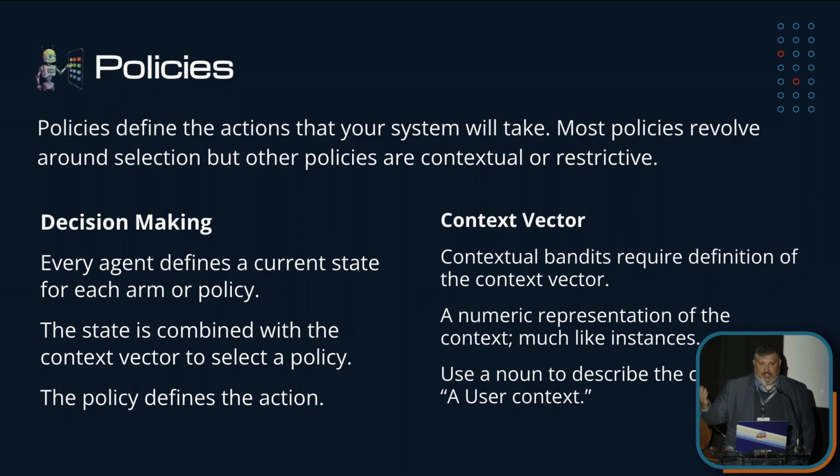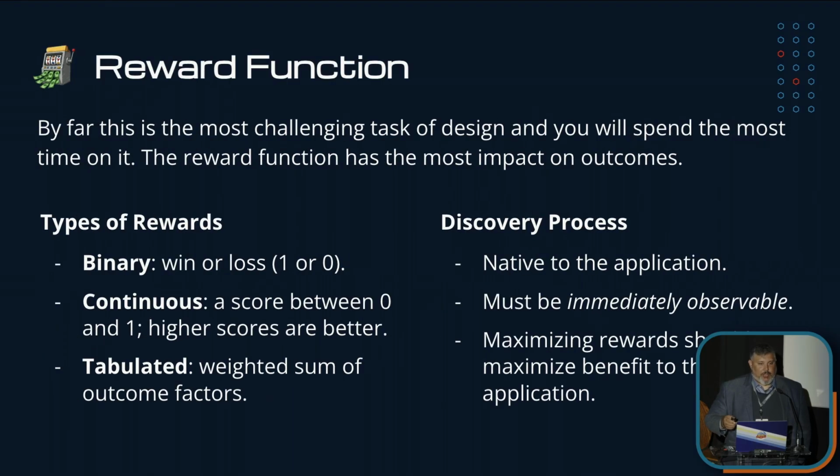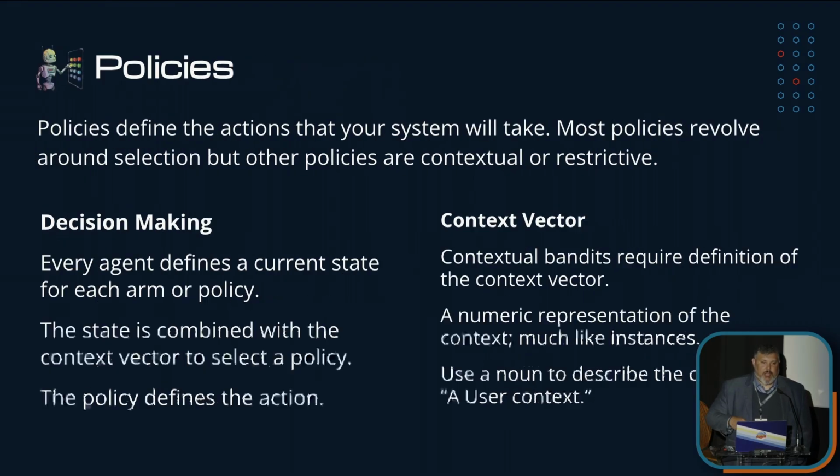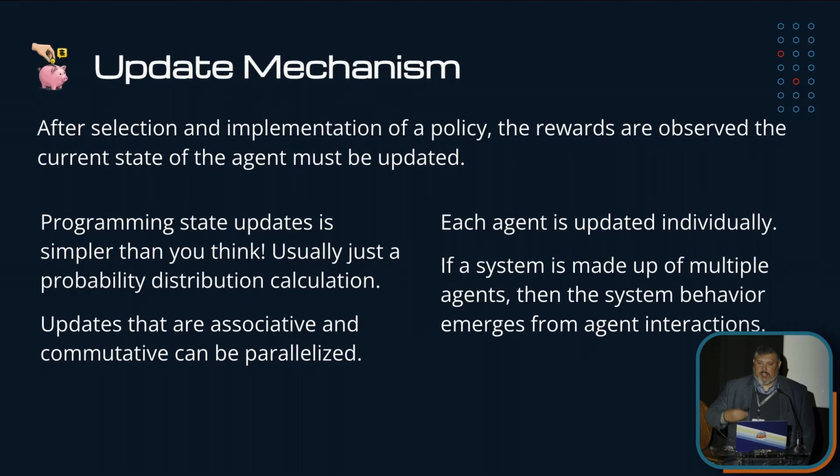This has to be a numeric representation. I gave you a strategy of how to think about that, but it's the same thing as defining an instance for machine learning. You want to use a noun to describe the thing you're trying to describe, like a user context, and then ask what are the numeric properties of that noun? That's how you get to that contextual vector.